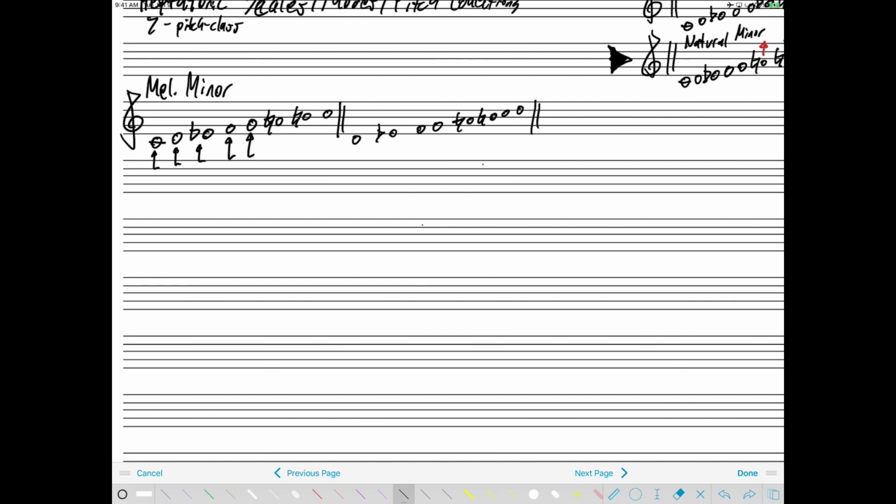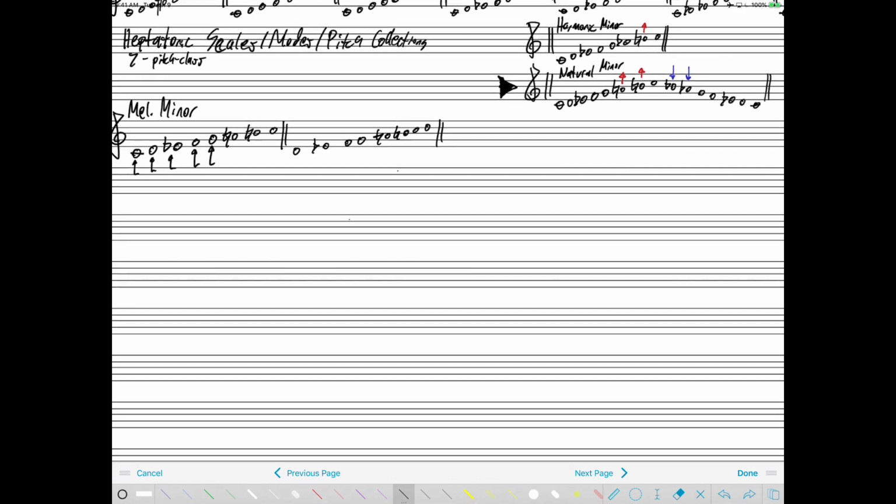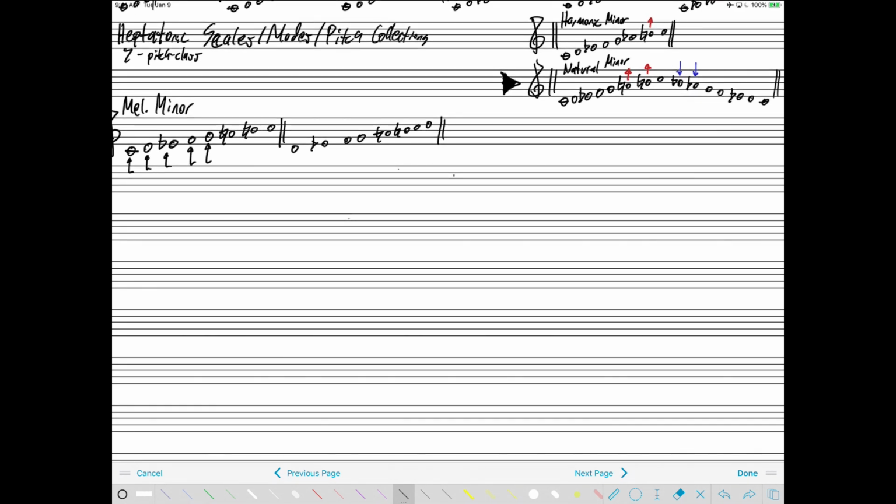It's not going to be like our other pitch collections. It's not like a Phrygian scale because it has this whole tone collection up on top. These are going to be unique arrangements of these pitch collections.